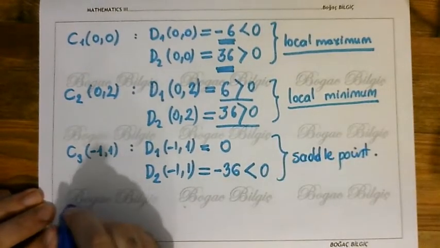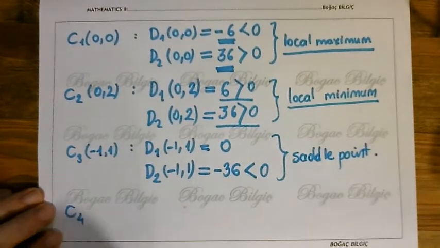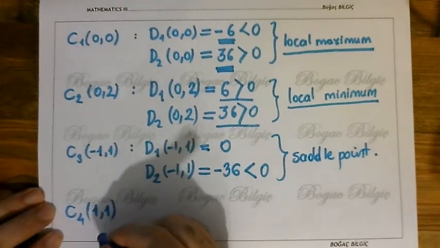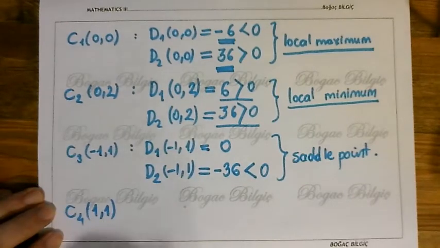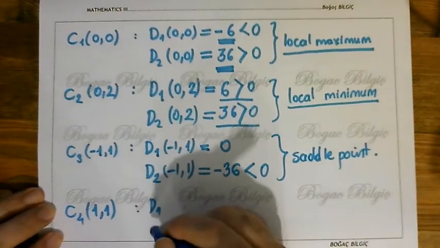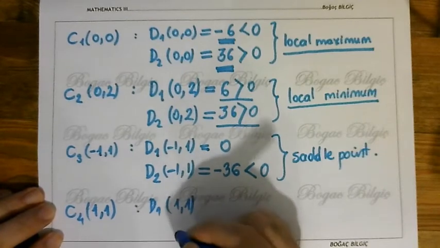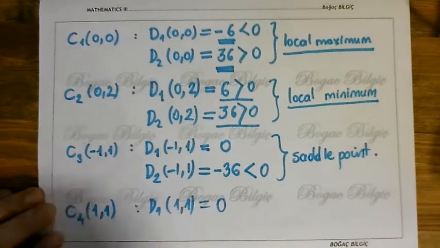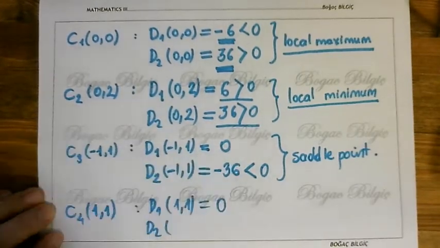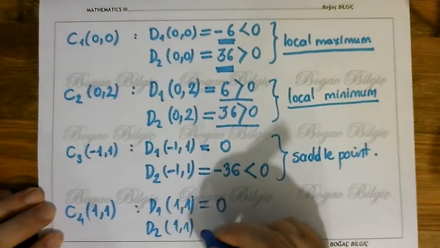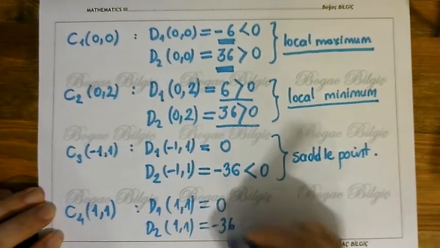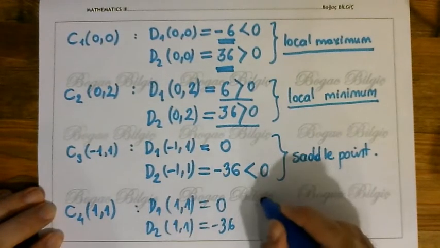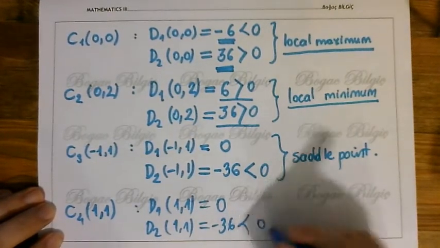Finally, for C4, (1, 1), we compute D1(1, 1) is equal to 0, and D2(1, 1) is equal to minus 36, is smaller than 0.